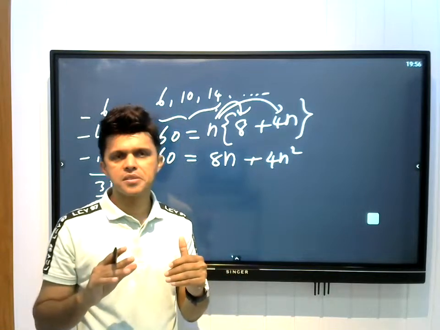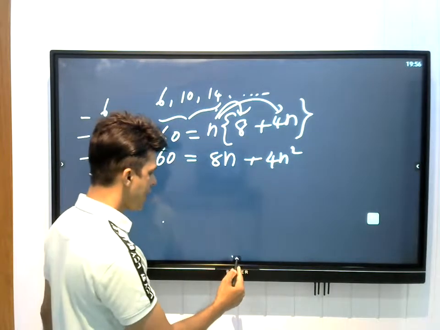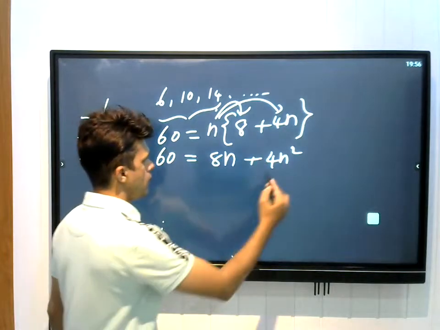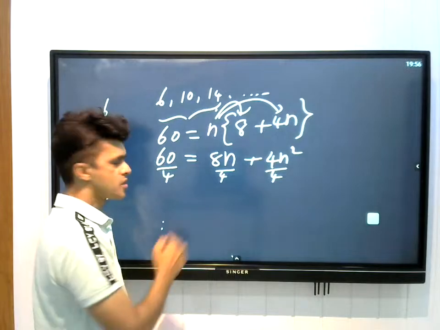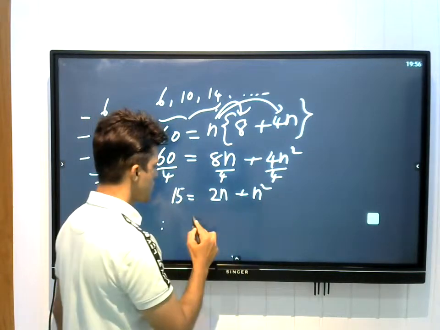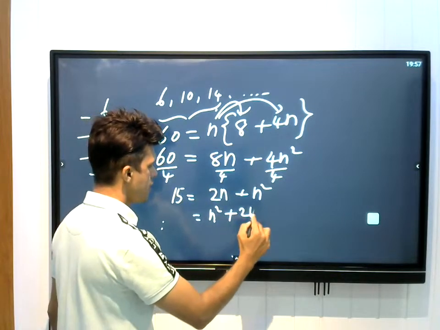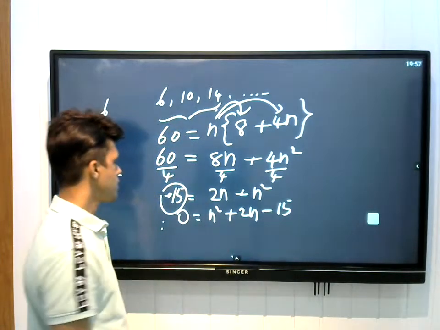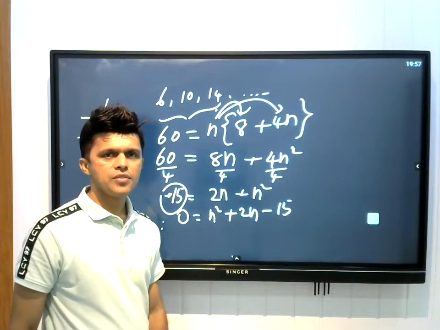Unless you know this way of simplifying, you need to learn it right now. Divided by 4, divided by 4, divided by 4. 60 upon 4 is 15, here 2n, here n square. So n square plus 2n, and 15 becomes minus 15 equals 0.